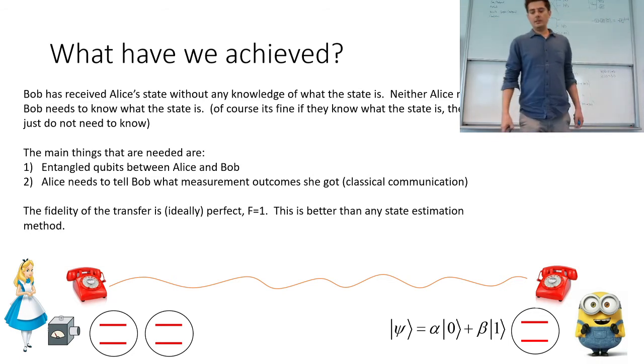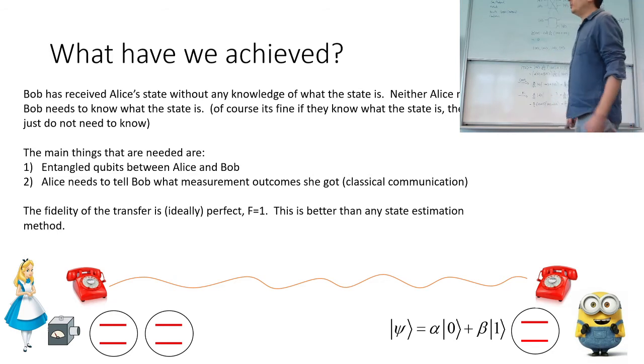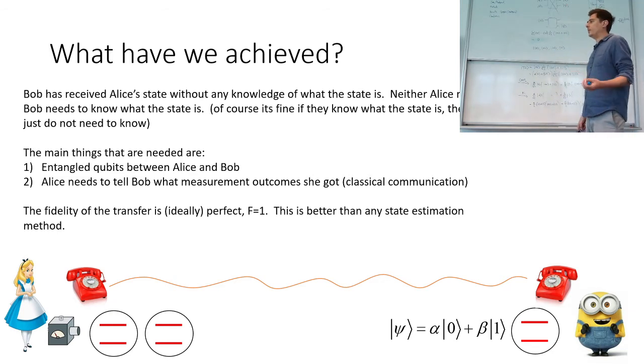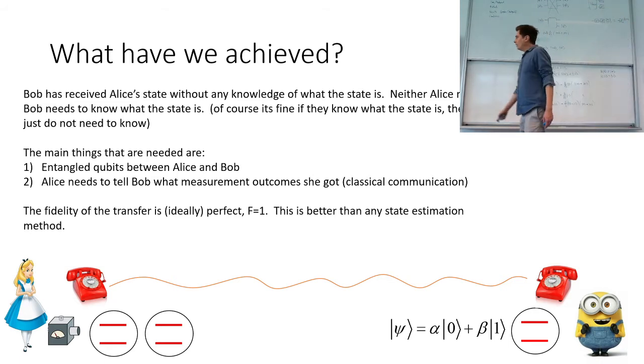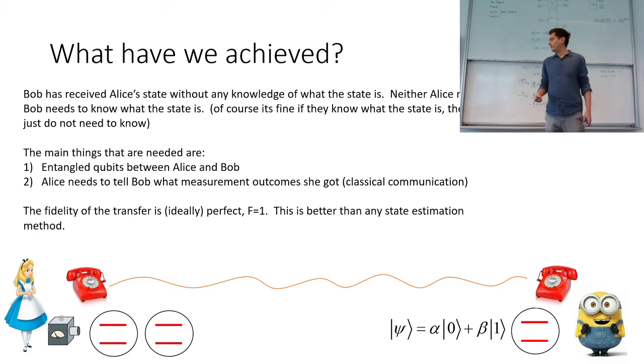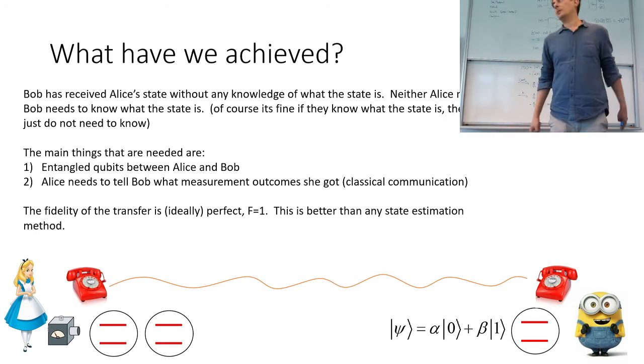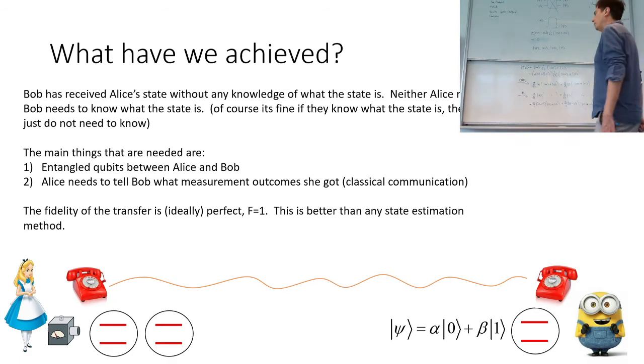And the key thing that shows you that you've done something which you couldn't do from a simpler scheme is that, even though it required this communication, in principle the fidelity, or the accuracy, of this is actually perfect, right?